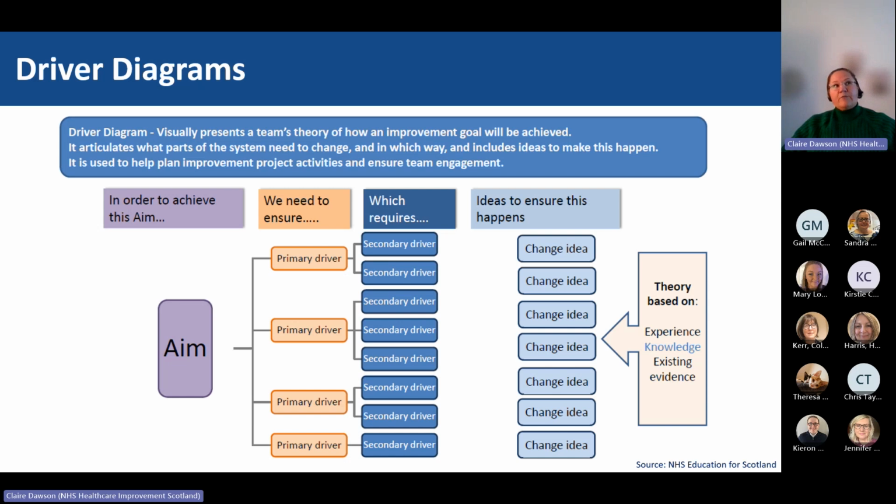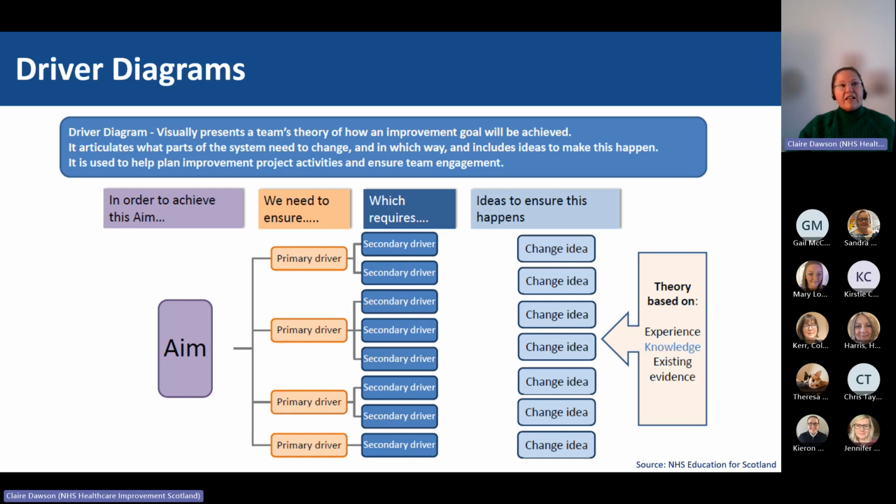So driver diagrams read from left to right, starting with your aim, then moving into what we need to ensure, which are your primary drivers. Those are big levers. They're big things that need to change. They're high level topic areas, which takes you into your secondary drivers, which are where you get more of the detail around some of the specifics of what you need to be able to achieve your aim.